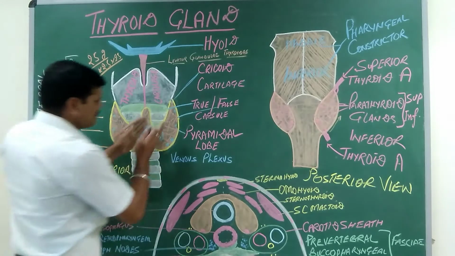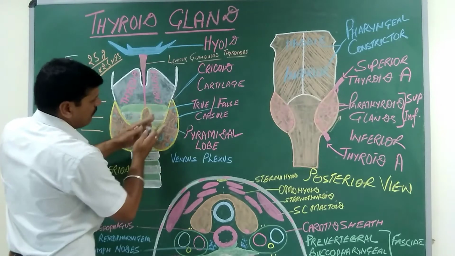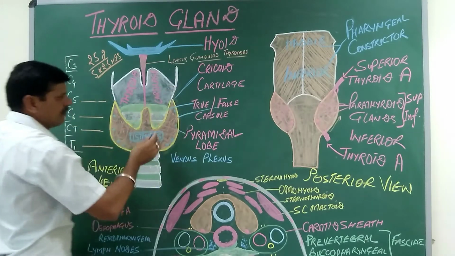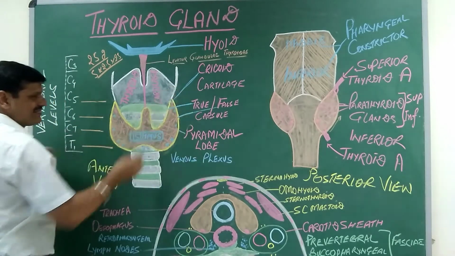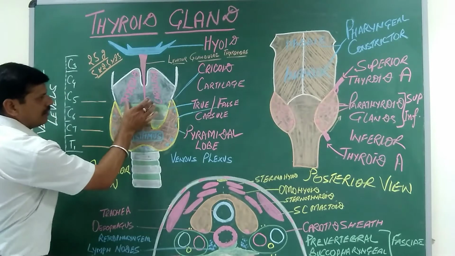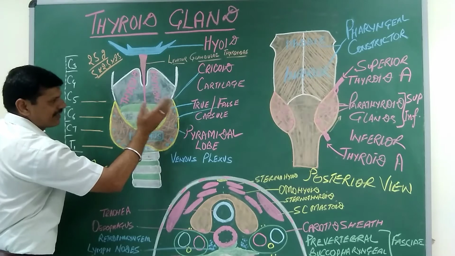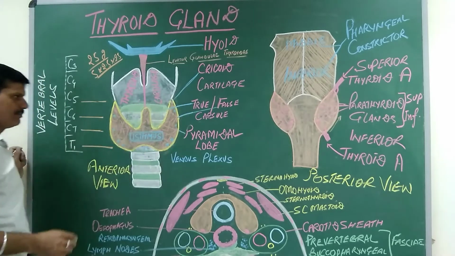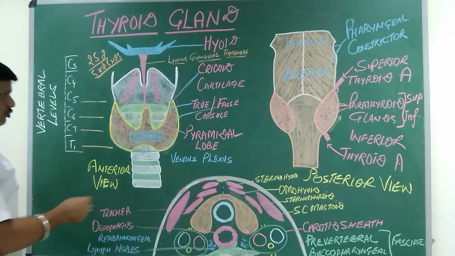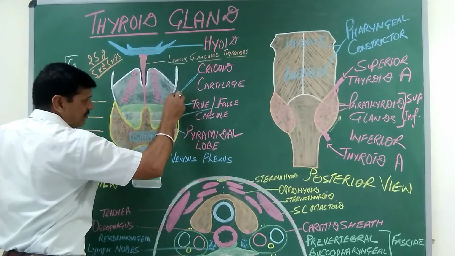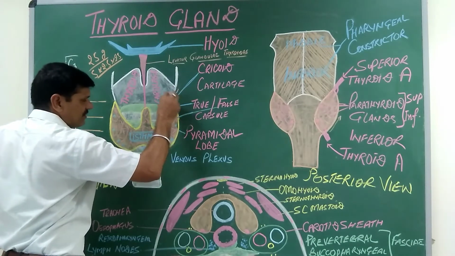The apex is directed upward and laterally, and lies lateral to the oblique line of the thyroid cartilage. So the oblique line of the thyroid cartilage lies medial to the apex. The superior thyroid artery has a relation with the apex.